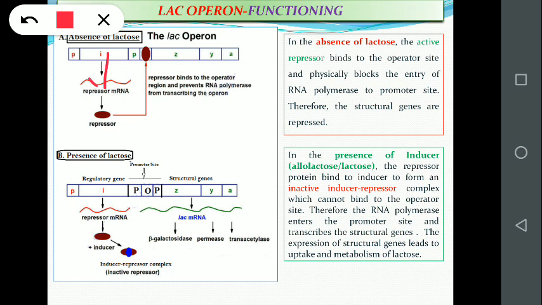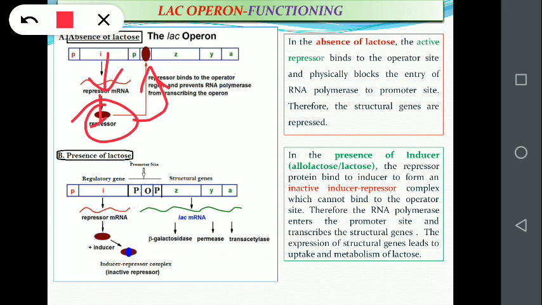The I gene is expressed to form the repressor, which is an active repressor. Now that active repressor binds to the operator region. The operator region is in fact located within the promoter sequence. Here I have shown it like the operator is in front of the promoter. So RNA polymerase is unable to bind to the promoter.